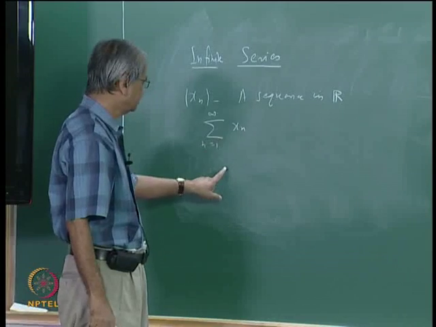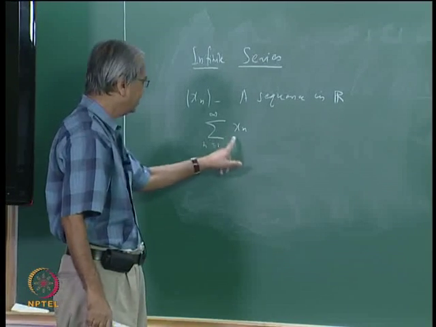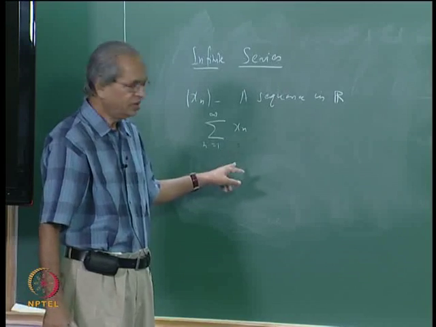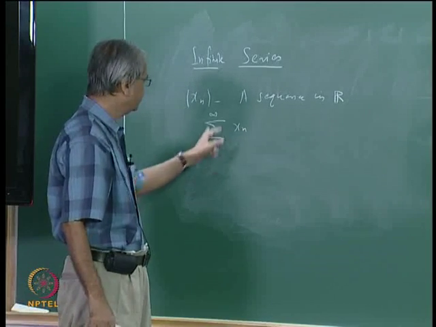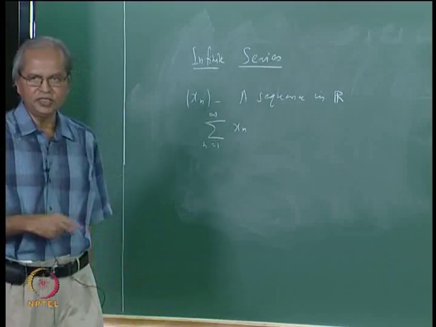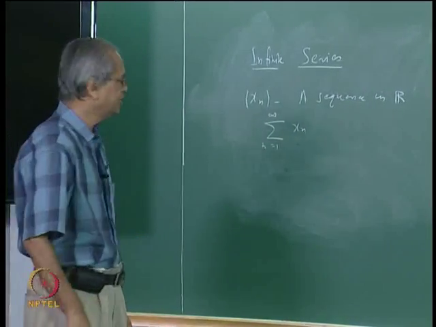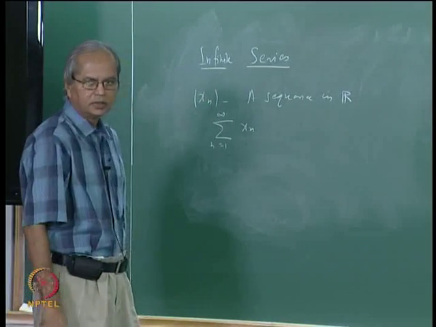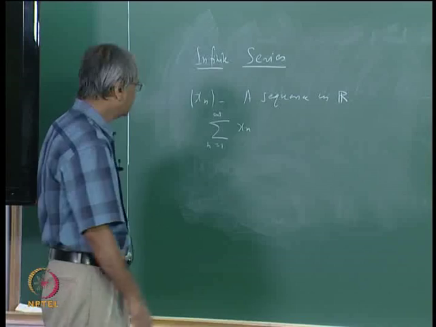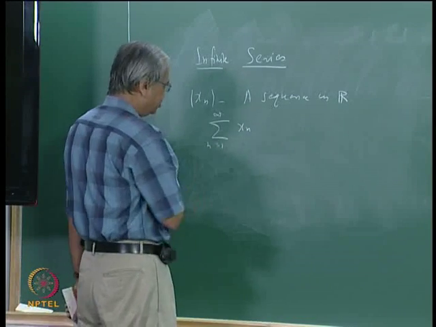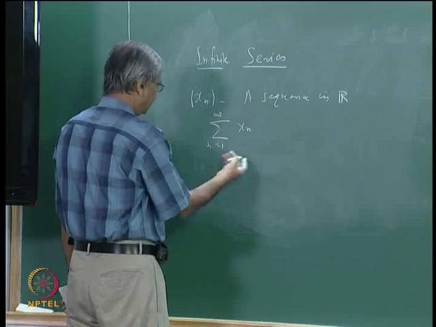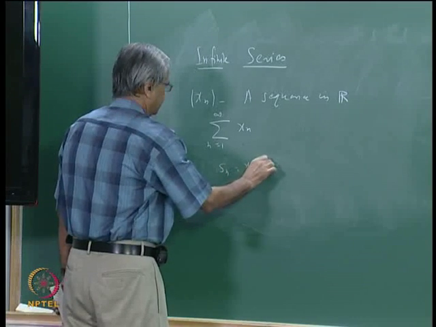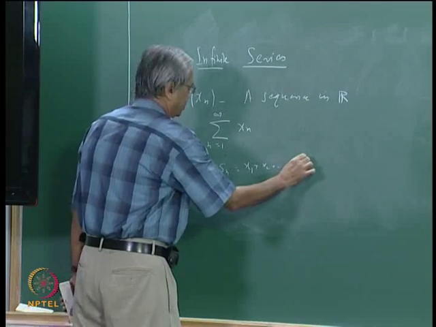If we take only finitely many terms, it means the addition of those real numbers. But in general addition of infinitely many real numbers has no meaning. Under certain conditions we can give a meaning, and that is what the theory of infinite series deals with. Suppose we take the first n terms of this sequence and denote it by a new number: Sn equals x1 plus x2 and so on up to xn.